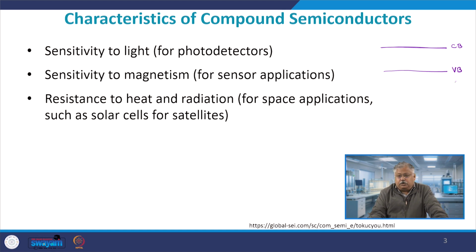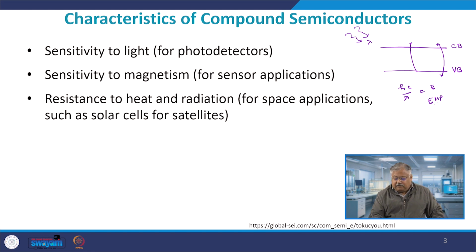How do you detect a light? Whenever a light falls, and its hc by lambda, which is the energy carried by that particular light, becomes almost equal to or greater than the band gap of this material, you will have electron hole pair formation taking place.